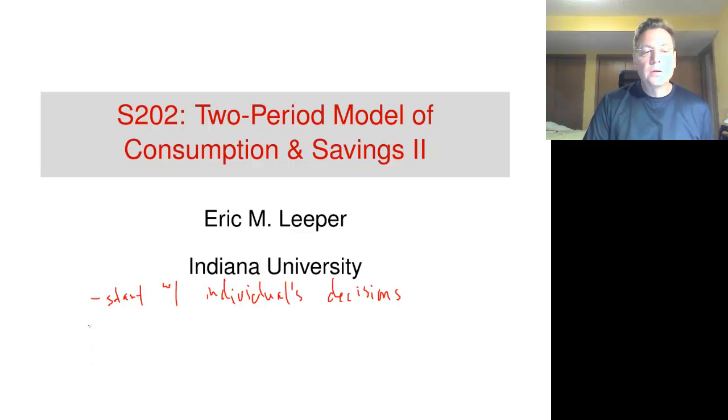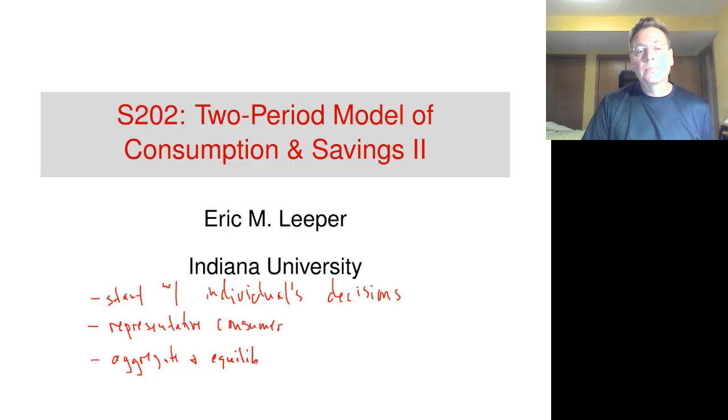We then make the simplifying assumption that you have a representative consumer, say, and that allows us to aggregate and look at equilibrium determination of prices and quantities.